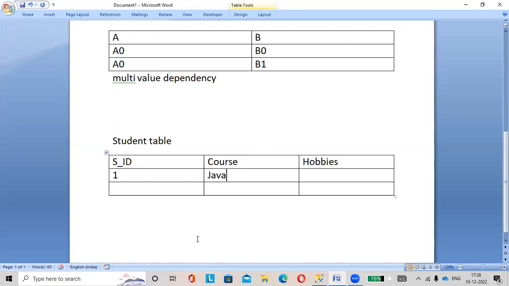One student can enroll for multiple courses too. So student 1 again enrolled for C++. He has two hobbies, dancing.